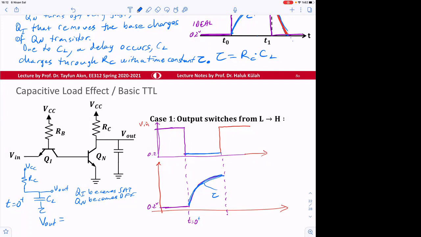Remember, V final minus, V final minus V initial, times e to the power minus t divided by tau. Was it this way? Or was this plus? No, this was the case. Yes, I think it's true. It's correct, right? So what is the final value?